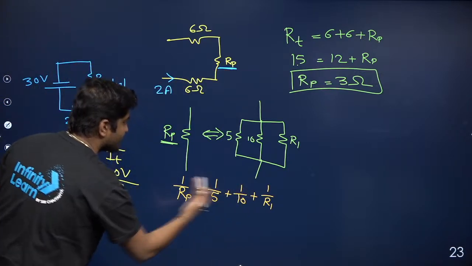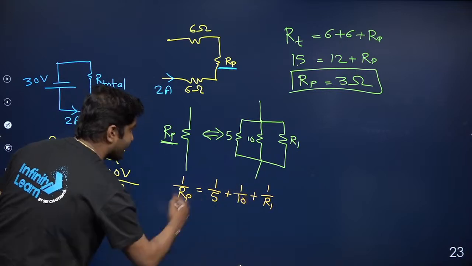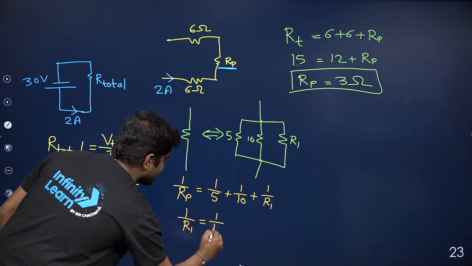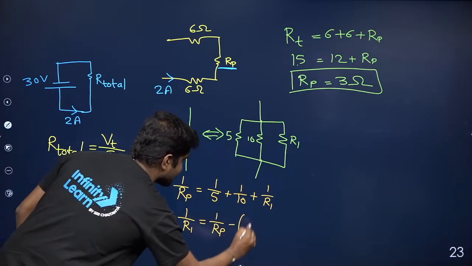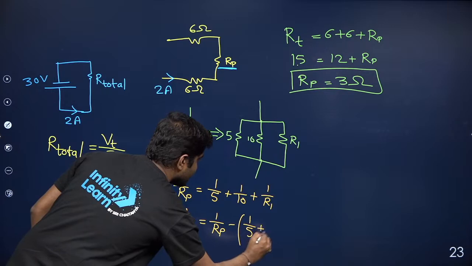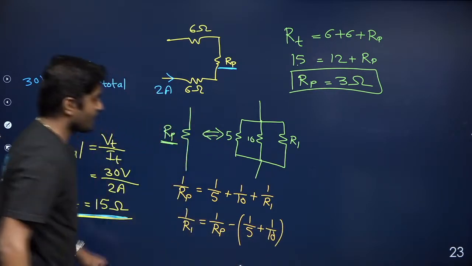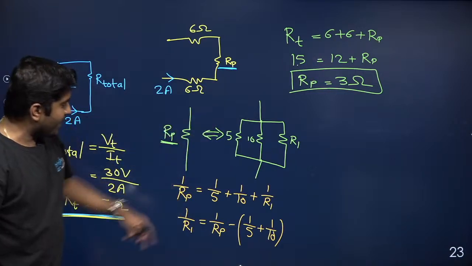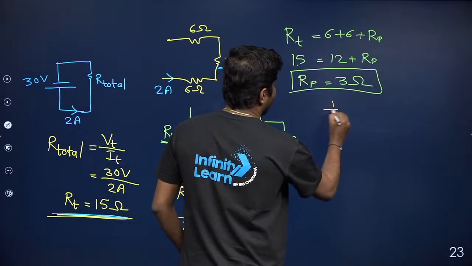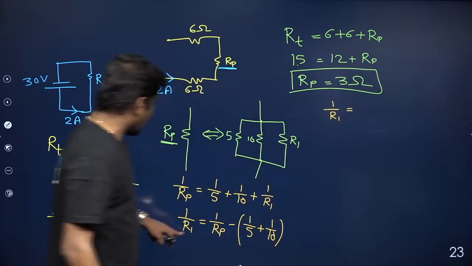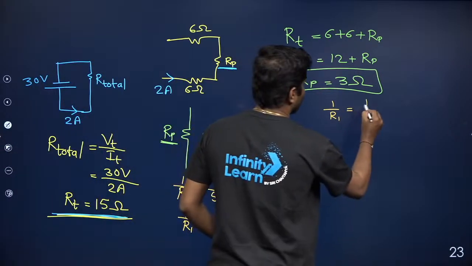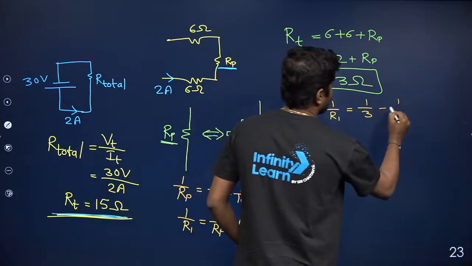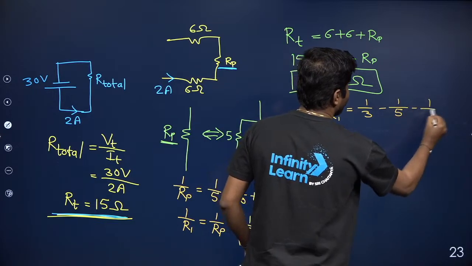So you can take these two terms to the other side and write the equation: 1 by R1 is 1 by RP minus 1 by 5 minus 1 by 10. Just rearrange the terms. Now substitute the RP value, 3 ohms. So 1 by 3 minus 1 by 5 minus 1 by 10.